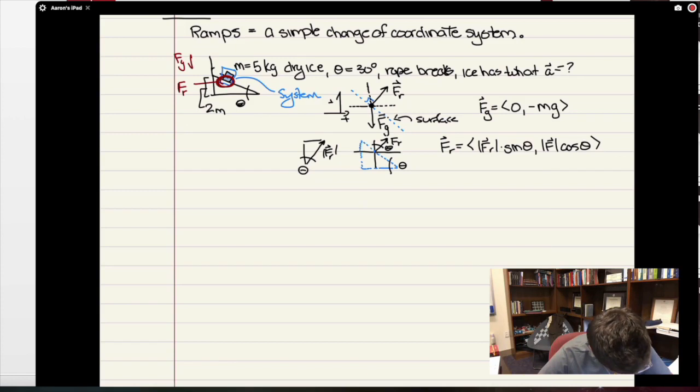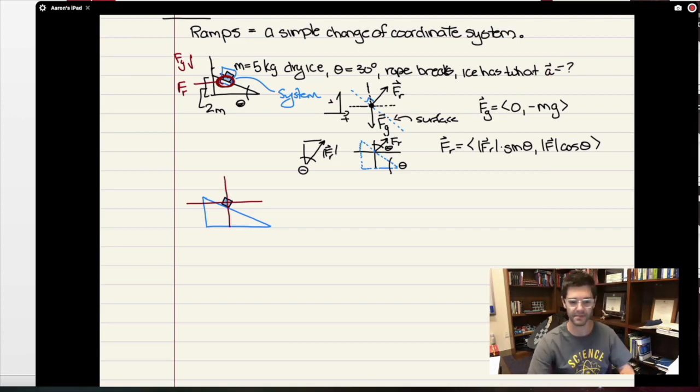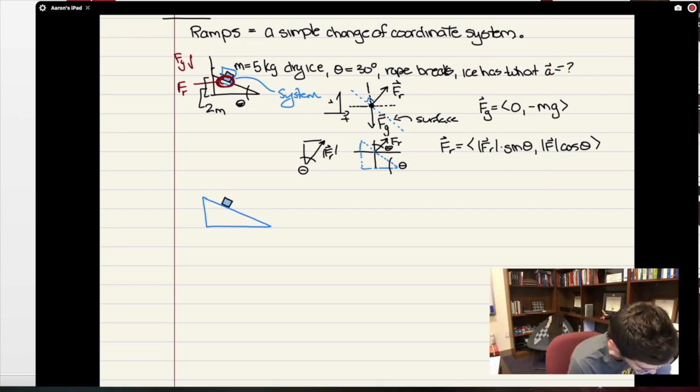So let me redraw the ramp. And then I have the box that I'm studying. Let's see, it looks like I highlighted it blue above. So instead of doing the horizontal and the vertical as my coordinate system, I'm going to instead think of a coordinate system where one of the axes lies along the ramp.